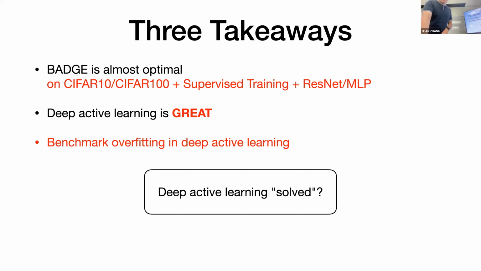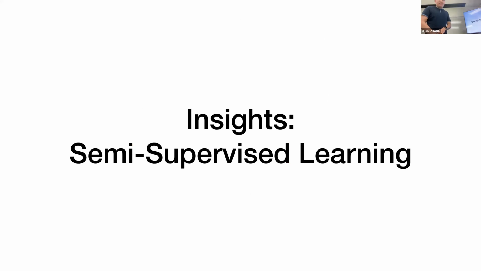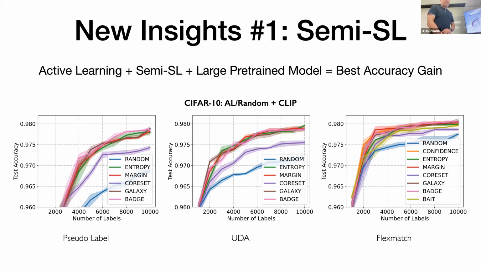Okay, cool. The semi-supervised learning insights are shorter. Insight number 1 is the same insight, but here we vary the semi-supervised learning algorithm. This is using an algorithm called pseudo label, this is UDA, and then FlexMatch, which we have shown before.